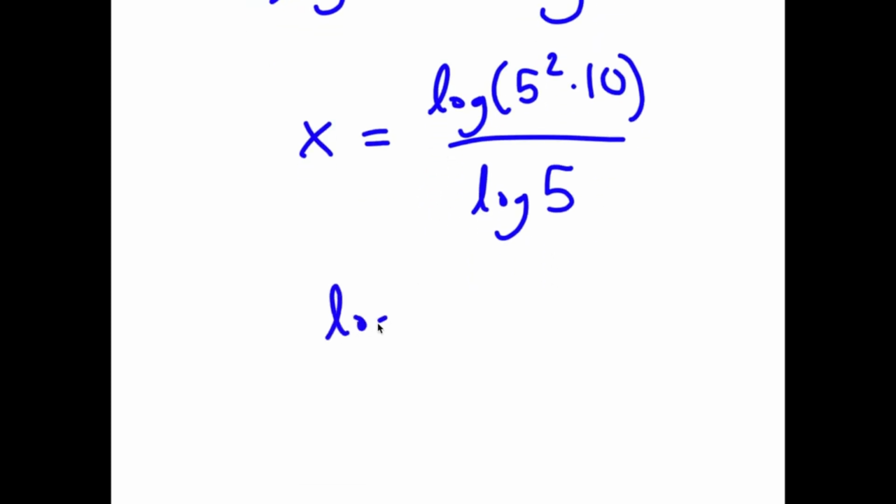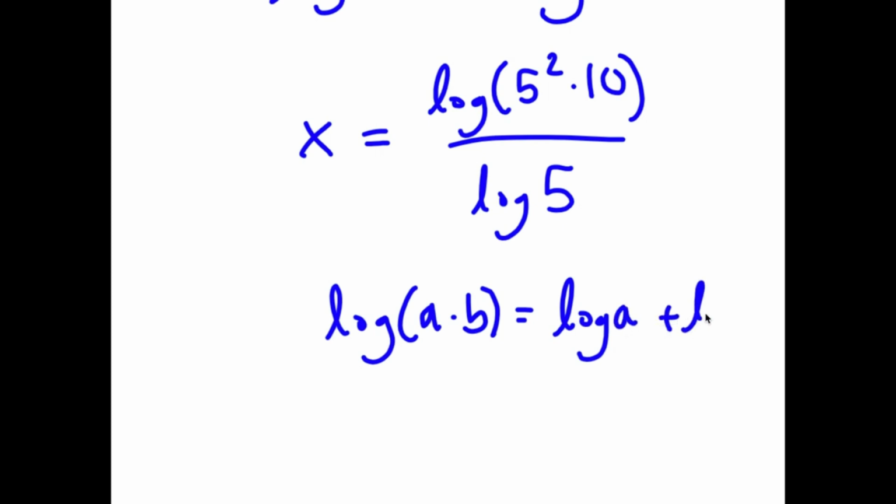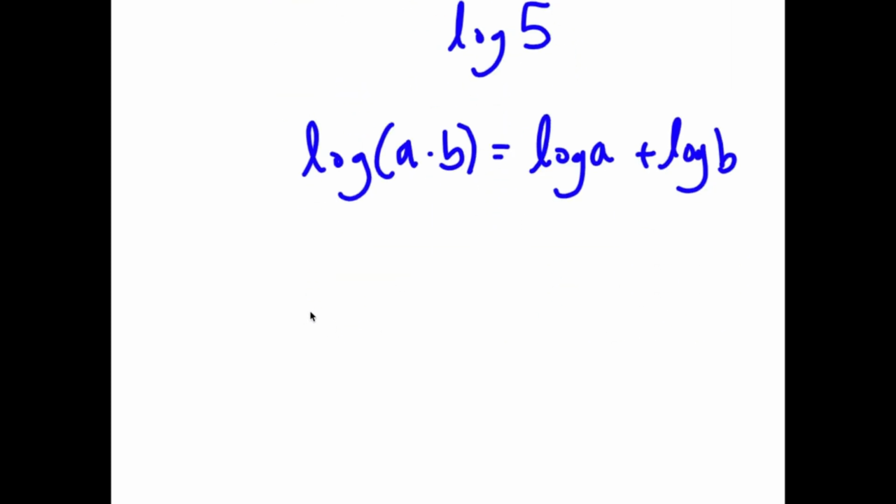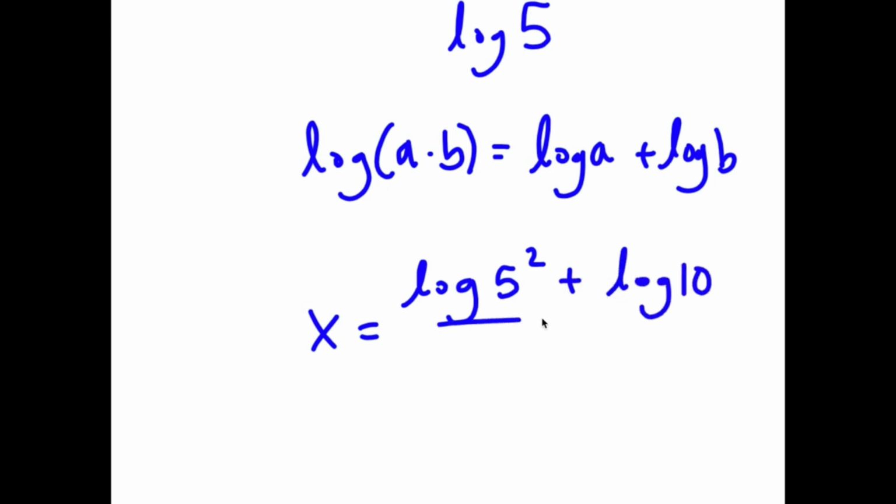Now if I have something in the form log of a times b, this is equal to log a plus log b. So log of 5 squared times 10, that's going to equal log 5 squared plus log 10. Now I have this over log 5.